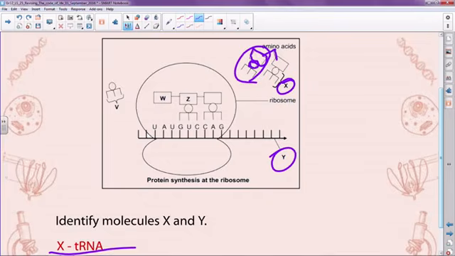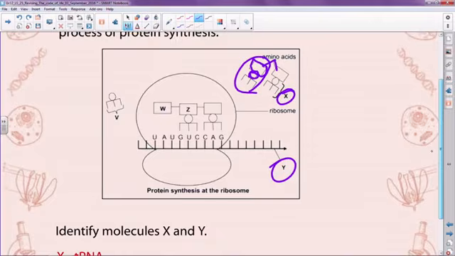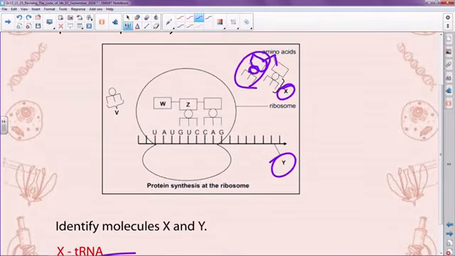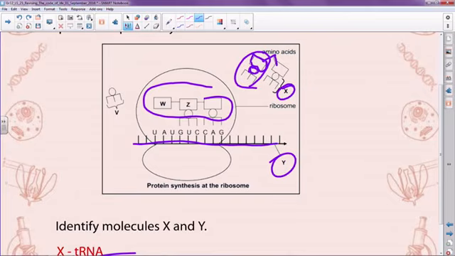Okay, we know that Y is your rRNA. First of all, it's found in your ribosomes, but that's not good enough because so is your tRNA at times, right? But it is a very, very long strand. Remember, rRNA can be lots of codons joined together.